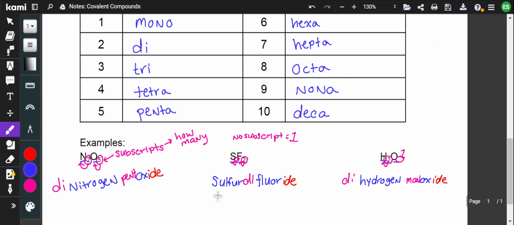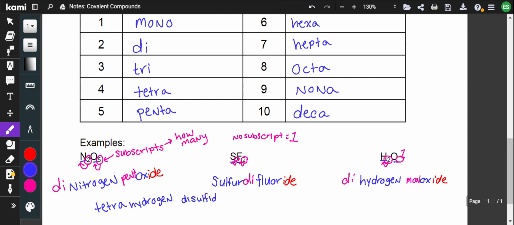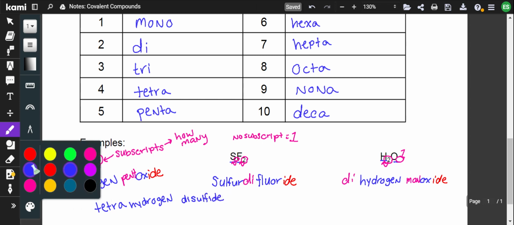I know I didn't write one on the page, but just to give an example, let's say you're given something like tetrahydrogen disulfide. Let's just say we have something like that.